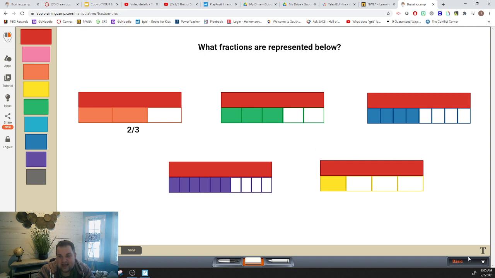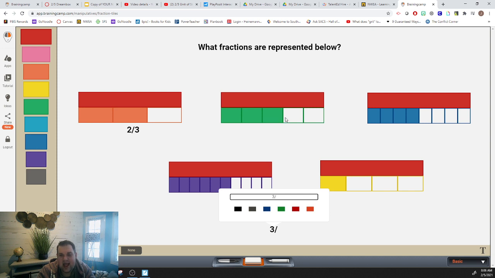All right, let's check it. So we know that the numerator, the top number, is how many pieces we see. So here I see 1, 2, 3 pieces. So if you got the numerator is 3, great job, you're on the right track. If not, think about what you need to change for the next time. Then we're going to enter our slash. That's our fraction bar.